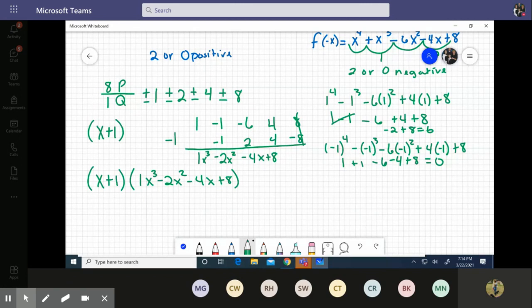I think that would factor. Can we factor that by grouping? Yeah. What could I take out of there? Just the x squared is going to leave me with x minus 2. And then -4 out of this one, and that's going to leave me with x minus 2.